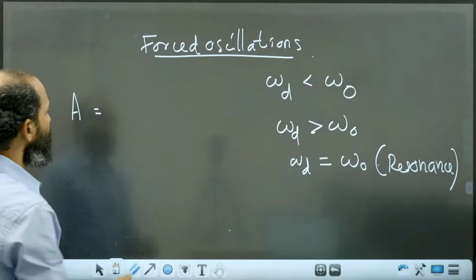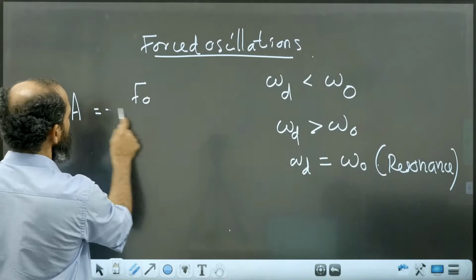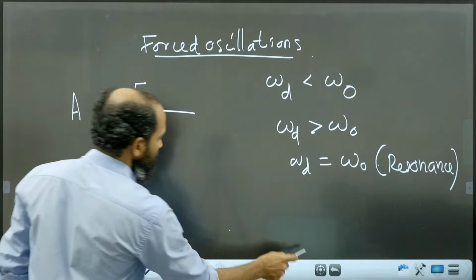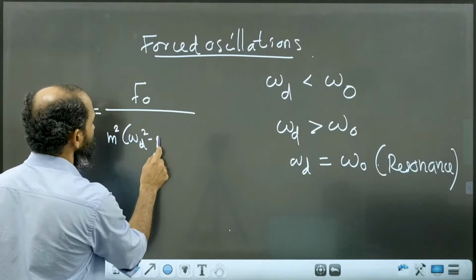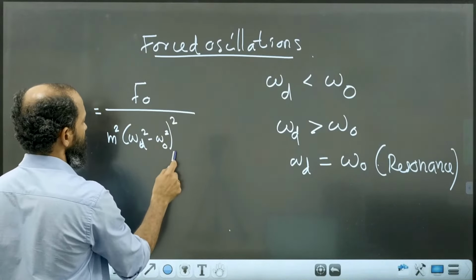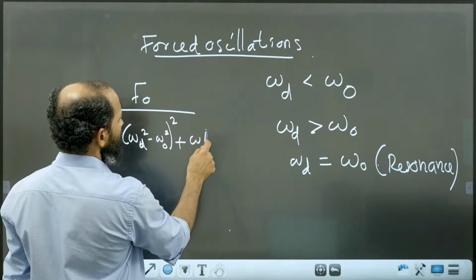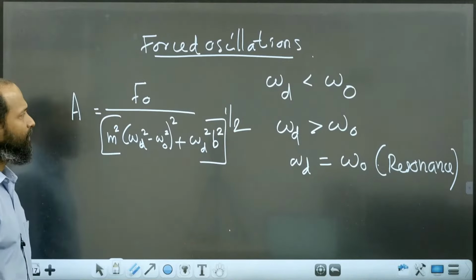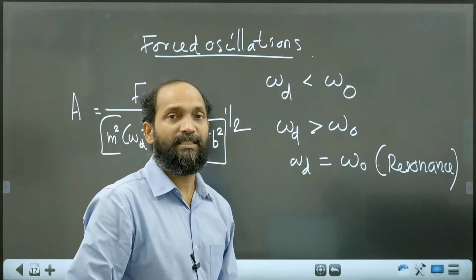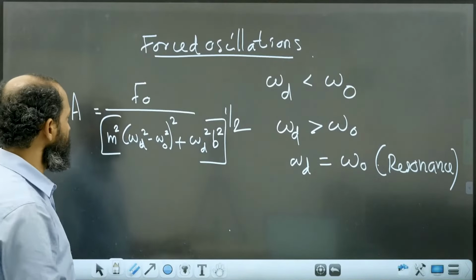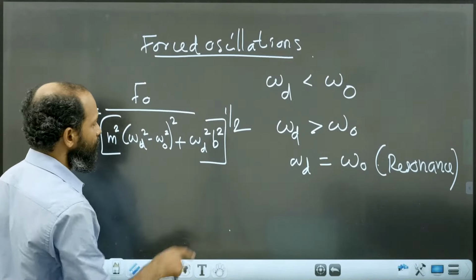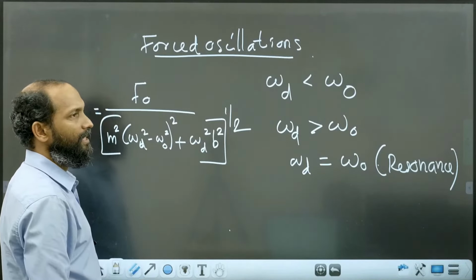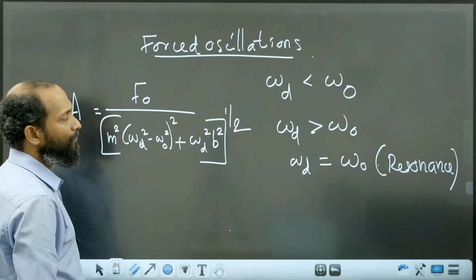The amplitude of forced oscillations is given by F0 divided by [m square into (omega d square minus omega 0 square) all square plus omega d square b square] all to the power 1 by 2, where F0 is the force amplitude, the maximum of the applied external periodic force, omega 0 is the natural frequency, and omega d is the driving angular frequency, the angular frequency of the periodic force.